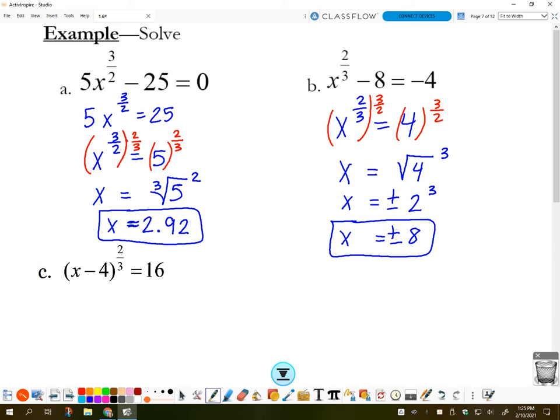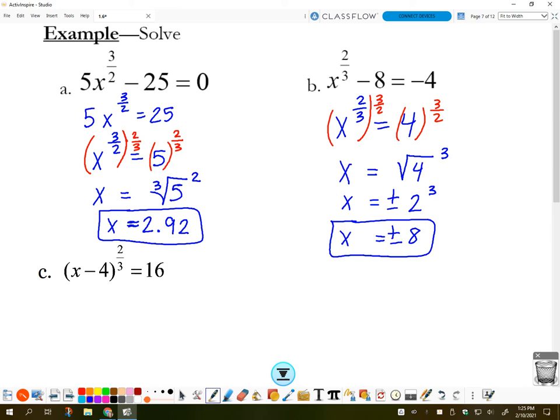Alright, so let me double check. We said X would be 5 to the 2/3 to the 3/2, which is just 5. Times 5 is 25. 25 minus 25 is 0. So that one checks out.